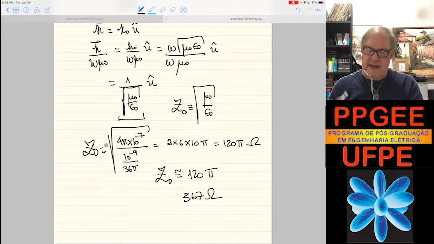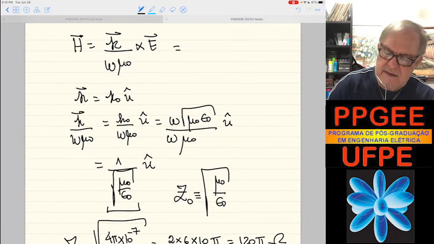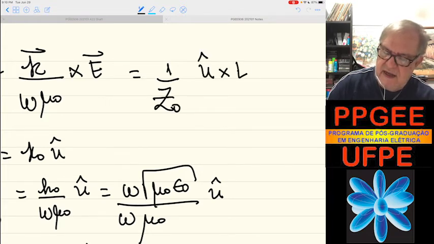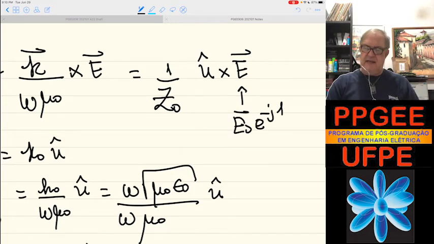So with that definition, the canonical form becomes 1 over Z0 u cross E. That's the H field. So that's going to be E0 exponential minus jkx. You see that E field is volts per meter. This is a-dimensional.